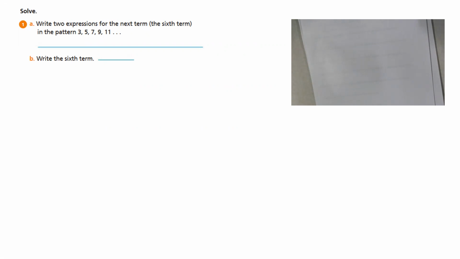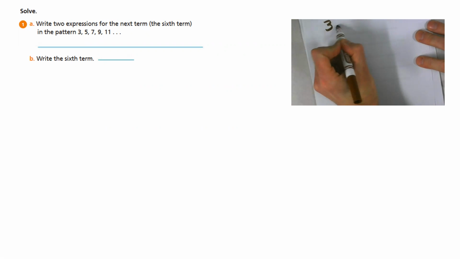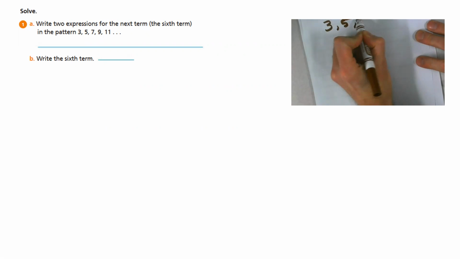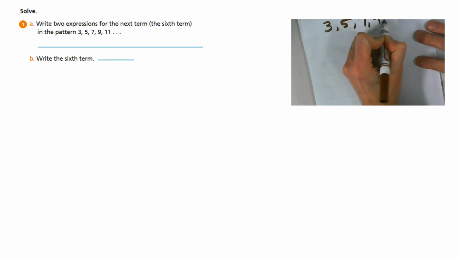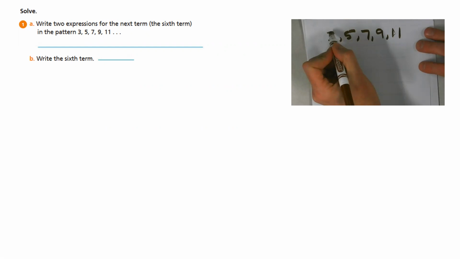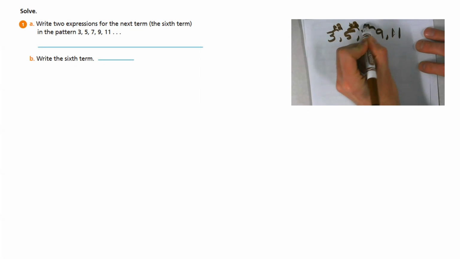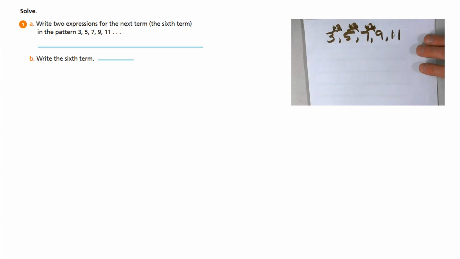Write two expressions for the next term, the sixth term, in the pattern 3, 5, 7, 9, 11. So 3, 5, 7, 9, 11. What is the relationship? What's happening here? Well, let's see. Every time it's +2, right? +2, let's make sure. Yep, +2. See, the pattern is +2.